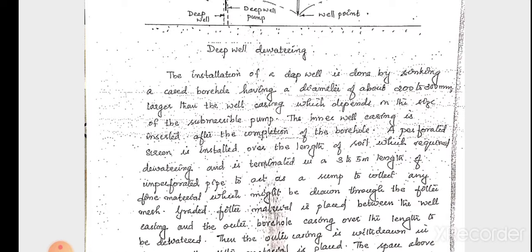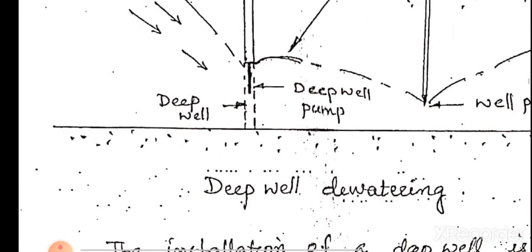Its diameter should be greater than the well casing, and the well casing diameter depends upon the size of the submersible pump, because we are going to install the submersible pump below the discharge pipe.